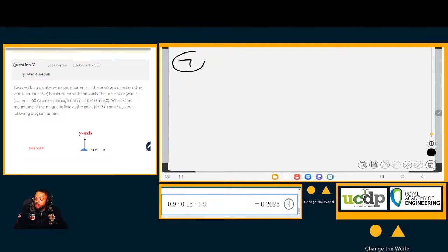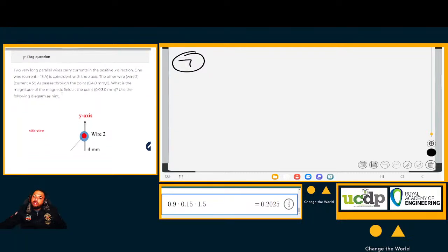Okay, question number 7. Let's continue. We have two very long parallel wires.